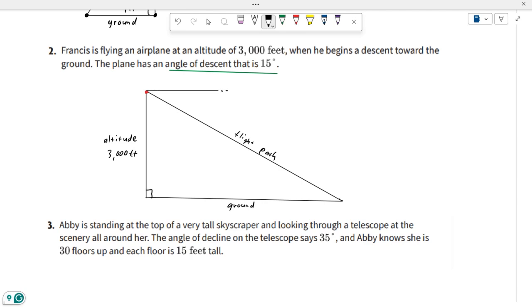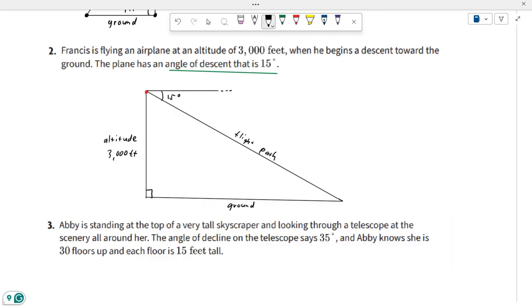And then this just continues on forever. So the angle of descent, it's going down. That means that off of the horizontal, I go down 15 degrees right there. And this angle right there is 15 degrees.